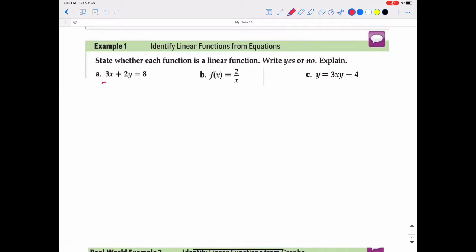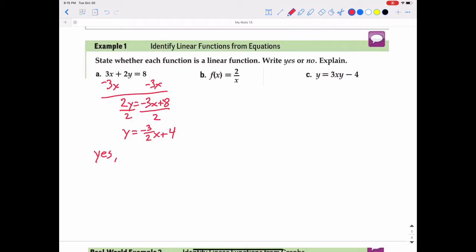If I subtract 3x from both sides, then I would get 2y equals negative 3x plus 8, and then divide by 2, I would have y equals negative 3 halves x plus 4. So yes, that is in slope-intercept form. It's in the form of y equals mx plus b. So this is a linear function. So we would write, yes, it is a linear function.